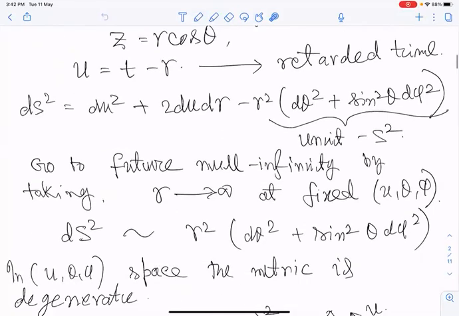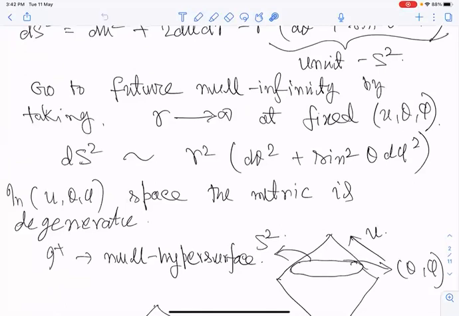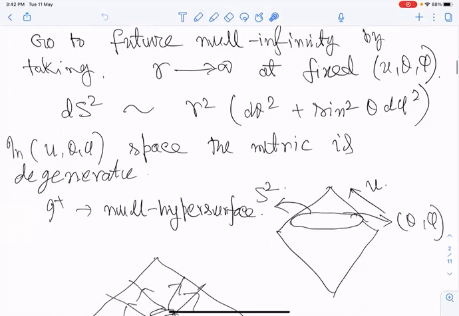So in terms of this, ds squared had this form, and then we showed that as r goes to infinity at fixed u, theta, and phi, the induced metric is degenerate because it's null, because scri plus is a null hypersurface, and it has three coordinates u, theta, and phi. Okay, so these are the coordinates.